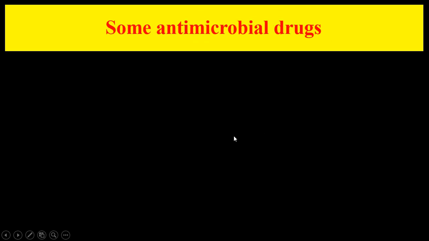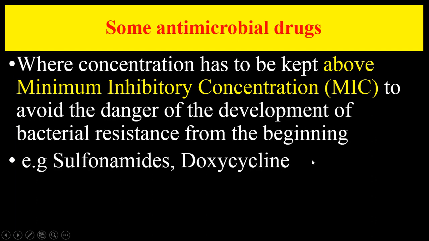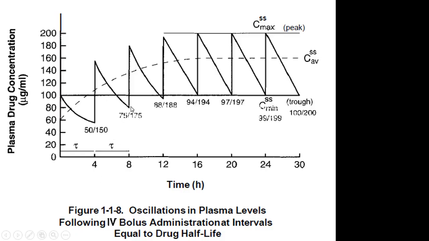So what about antimicrobials, which need the drug level to be at the minimum inhibitory concentration to avoid the danger of development of bacterial resistance from the beginning? Just like sulfonamide and doxycycline, they cannot wait for this slow rising.